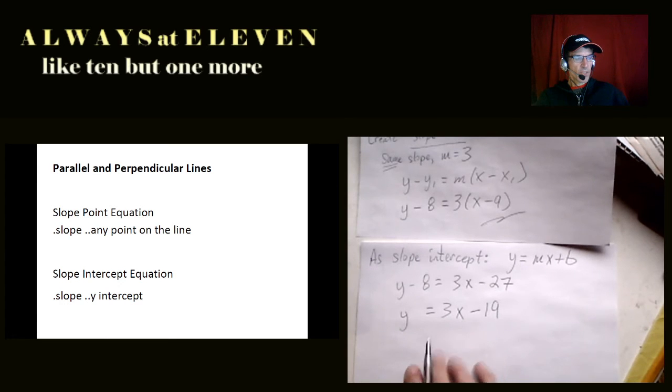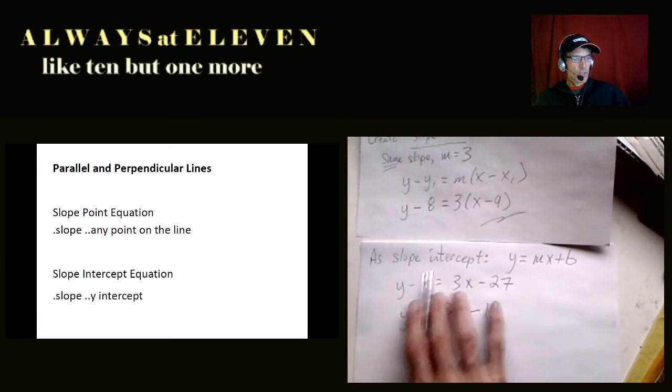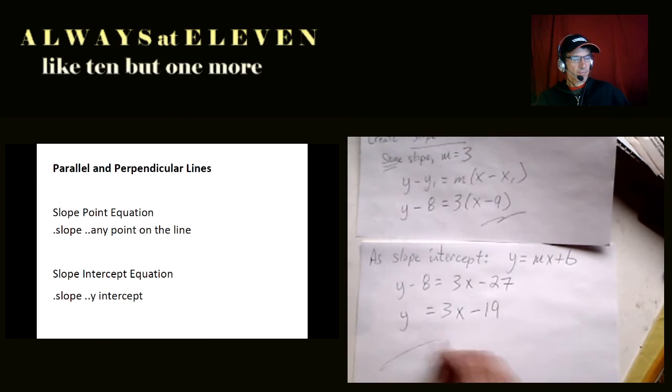And if you take a look, this is the arrangement that is needed for the slope-intercept form. y is equal to mx plus b. Now it's a minus, but hey, those kind of count the same. All right, so as our slope-intercept answer, finished. There it is.